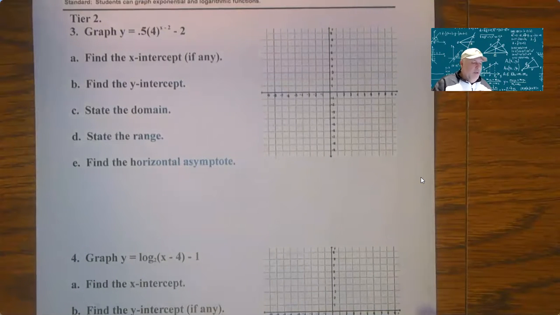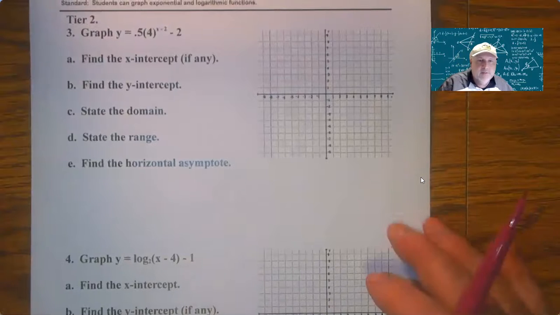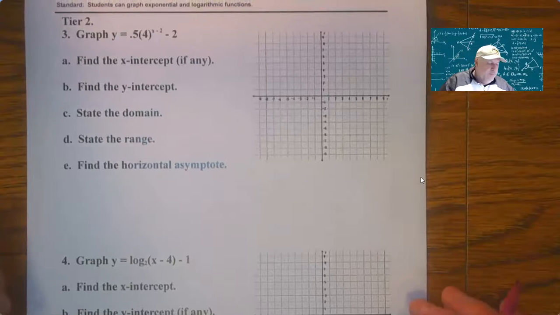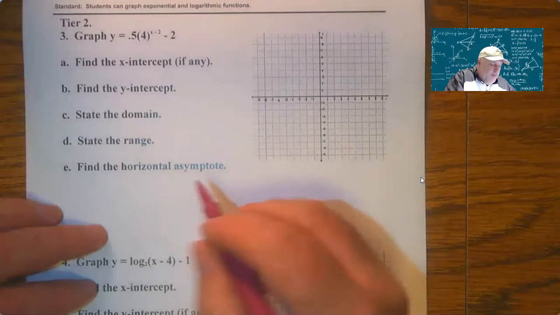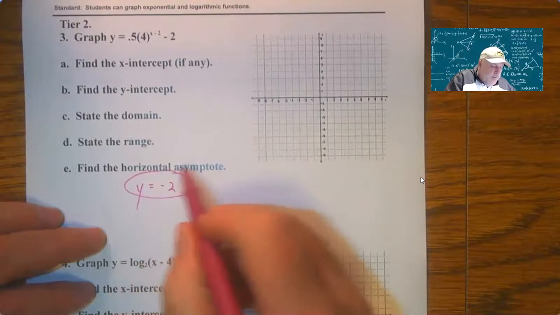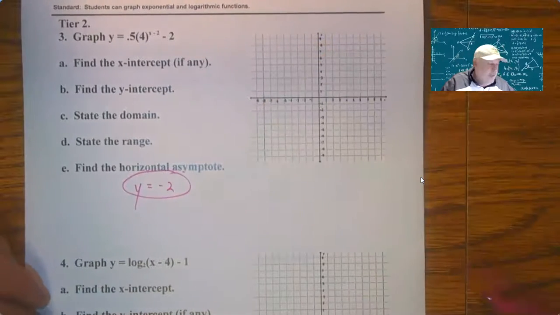Okay, so you have one each of these to do. The y-intercept can be found on your calculator's table, and the domain on these is all reals. But before we do anything, establish the horizontal asymptote, and that simply is the value that's added on the end.